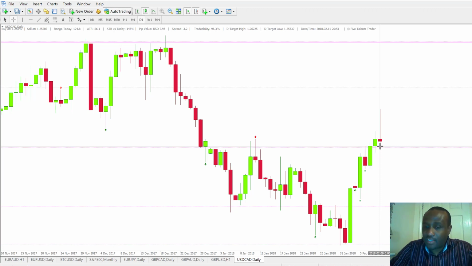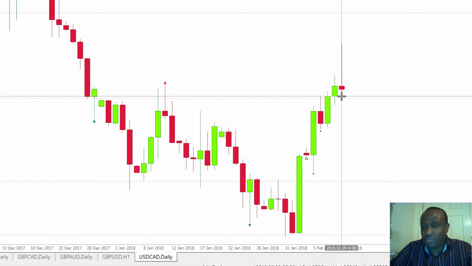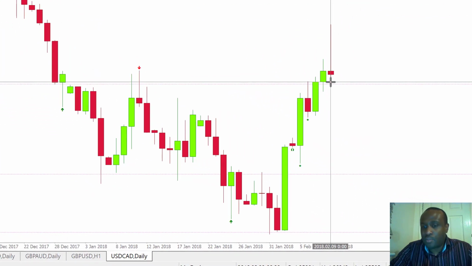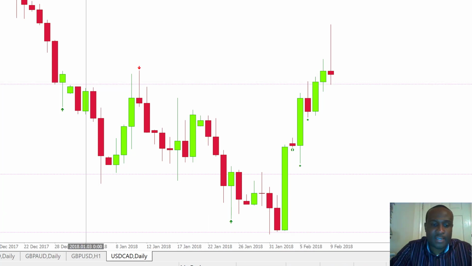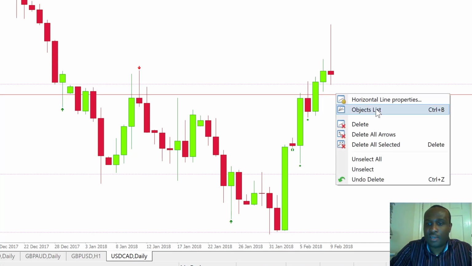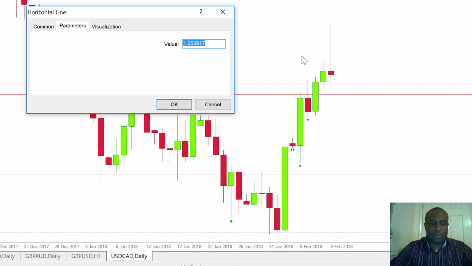But you notice that is very close to a round number, so I will probably go down a bit, which makes it 1.2548. So I'll go 1.2548.